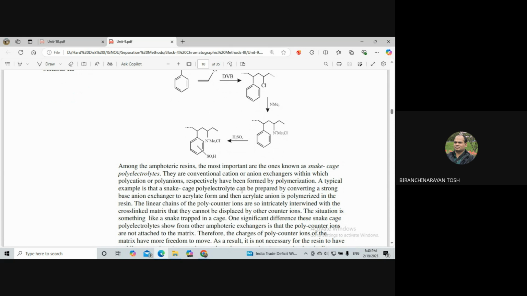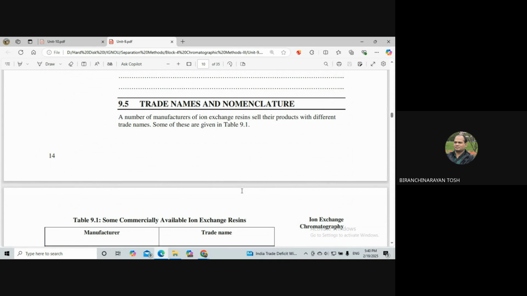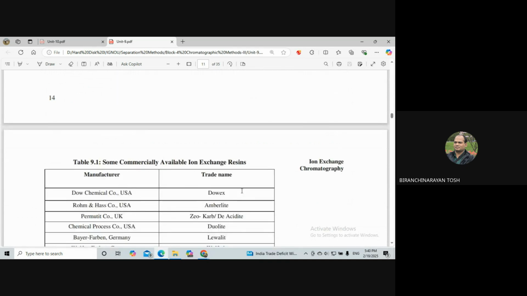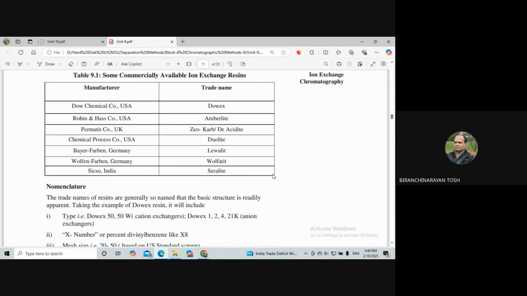So then we move to the trade names and some nomenclature. We have seen some commercially available ion exchange resins, the manufacturers and their trade names. Trade names like Dowex, Amberlite, Zeocarb, Duolite, Lewatit. So these are the trade names.